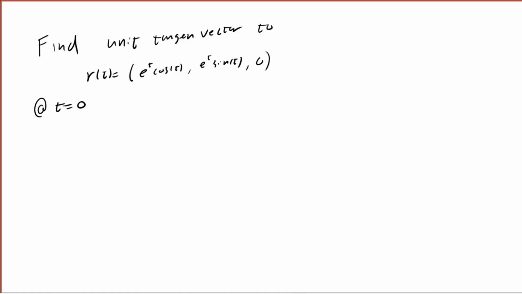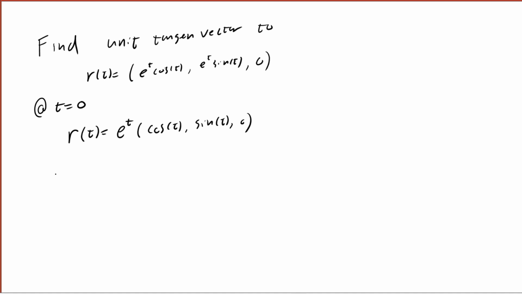Okay, so to find the tangent vector, not the unit tangent, but just the tangent vector, we take the derivative. Don't forget I need to use the product rule, but I can simplify my life a little bit. I can write r of t as e to the t times the vector cosine of t, sine of t.